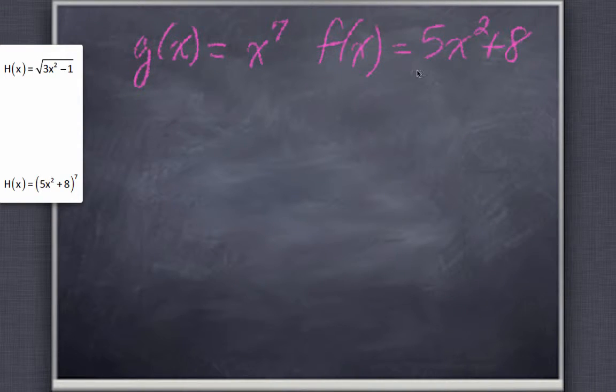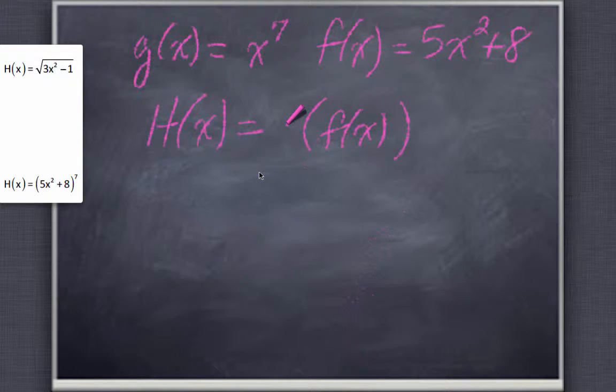You could do x squared first, then do times 5, then do plus 8, then do to the 7th, and kind of write those all in reverse order. But we don't need to, because we can easily differentiate these two, which is the goal. As soon as you get something you can differentiate easily, that's fine. So f of x is the inner, that's what happens first, so g of x is the outer, because that's what happens last.